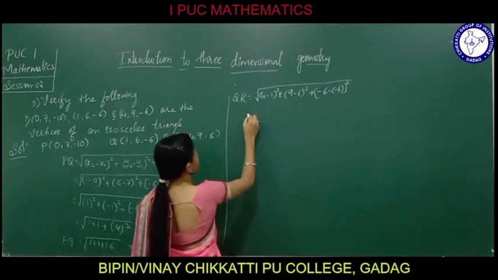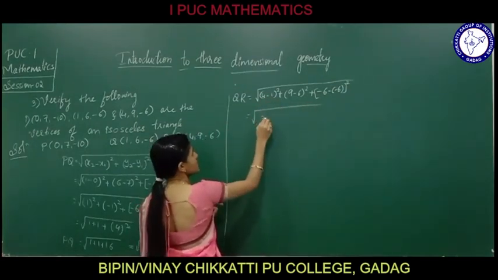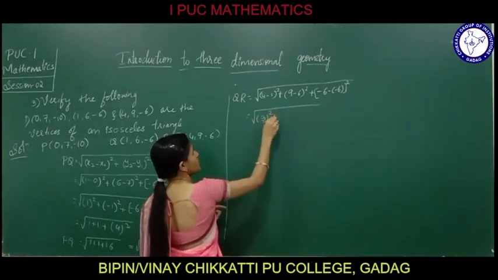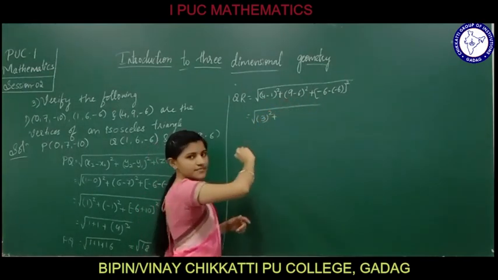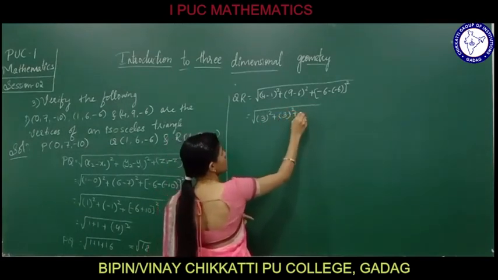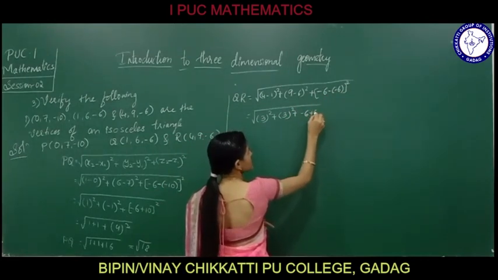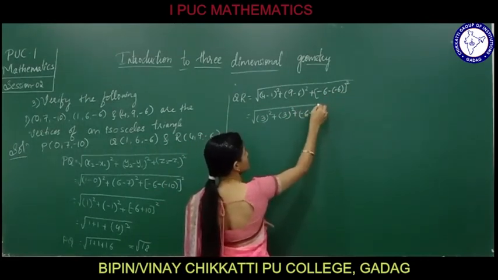How can we simplify this? This is going to be equal to root of (4 minus 1 is 3) square plus (9 minus 6) is again 3 square plus, minus into minus is plus, (minus 6 plus 6) whole square.